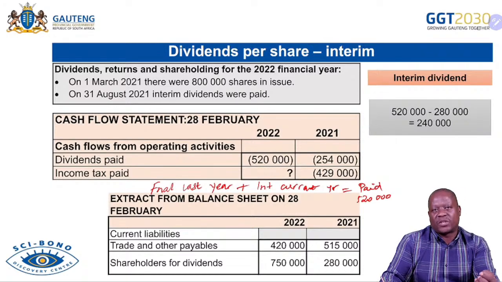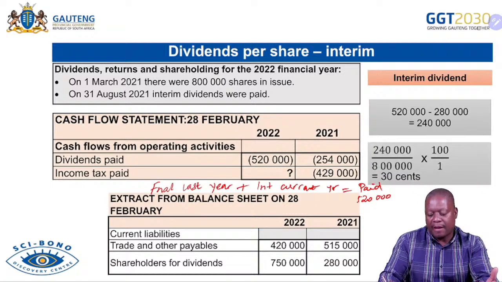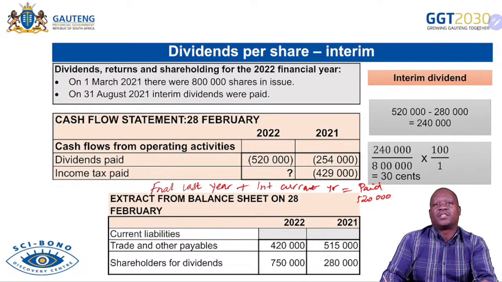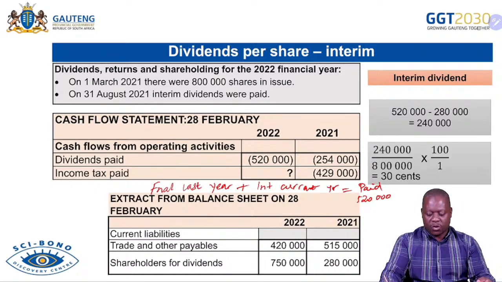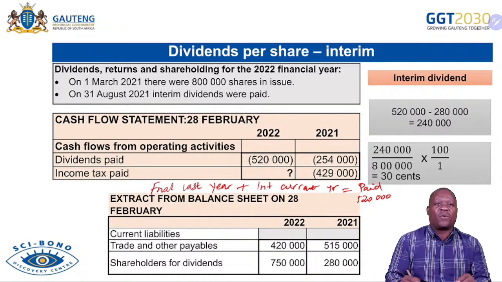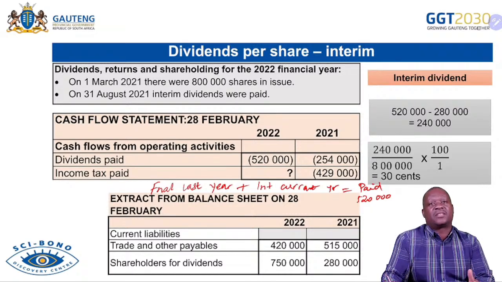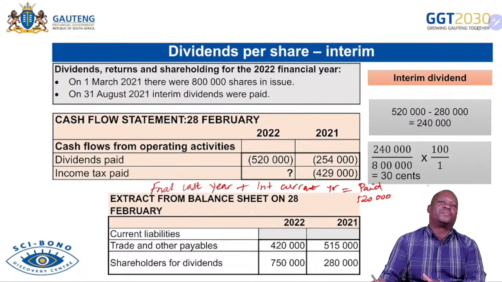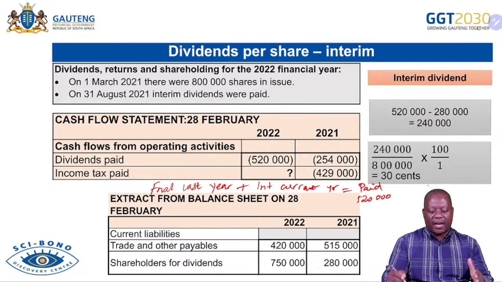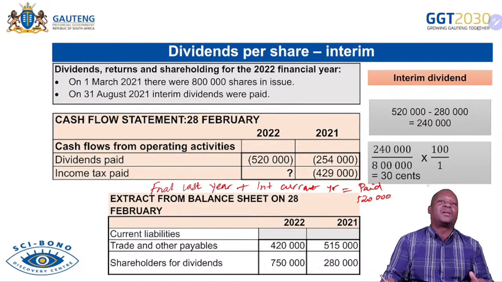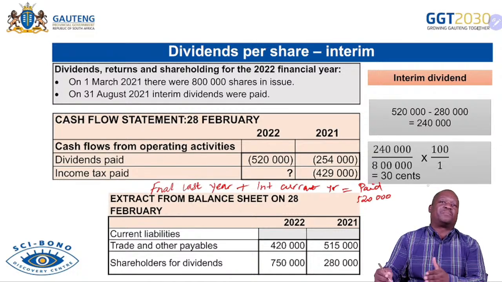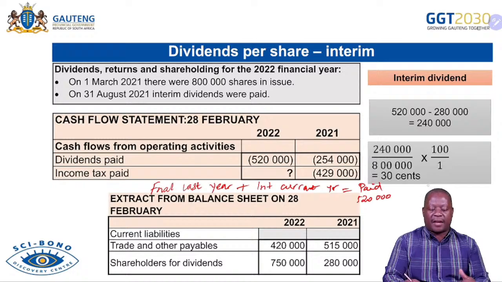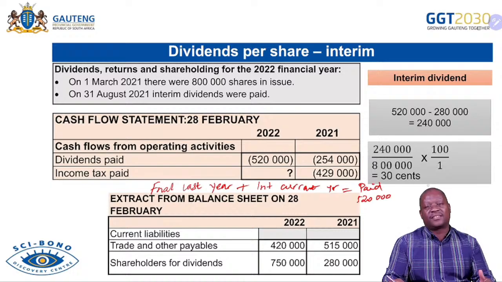We can easily now use this information to find the interim dividend per share. 240,000, which is the interim dividend, divided by the number of issued shares that we are issuing these dividends to, and our answer is going to be 30 cents per share. So it means during our interim period, we were giving dividends of 30 cents per share. 30 cents times 800,000, that's how we got to our 240,000.